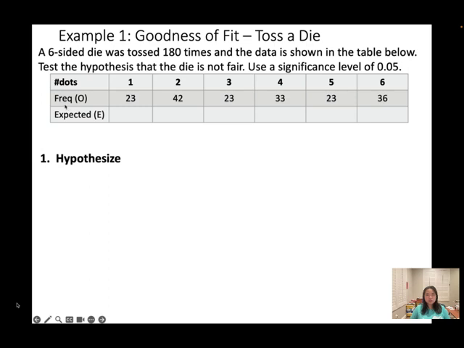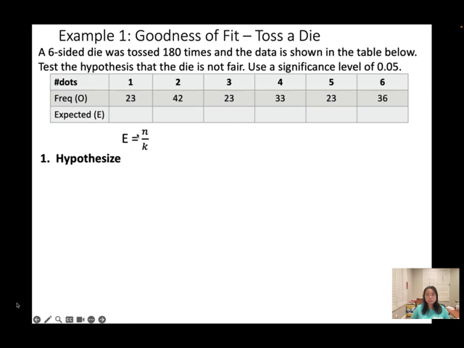So, we performed the experiment and rolled the die 180 times already. This is our result, the observed frequency. Now, let's calculate the expected frequency. We believe this is a fair die, so the expected frequencies are equal.